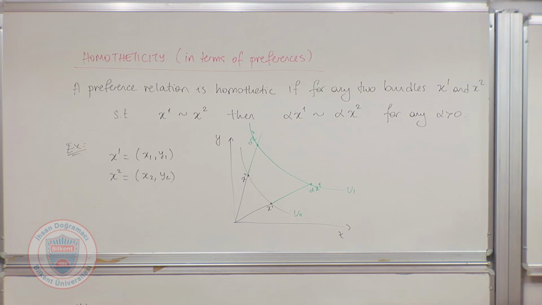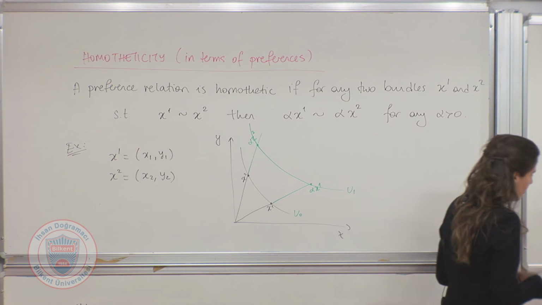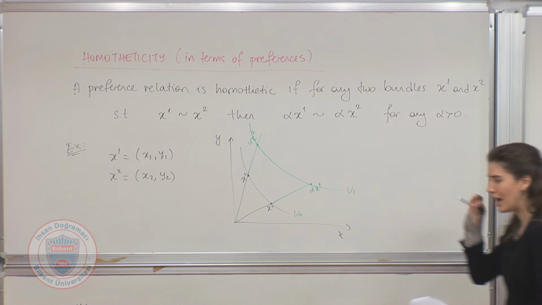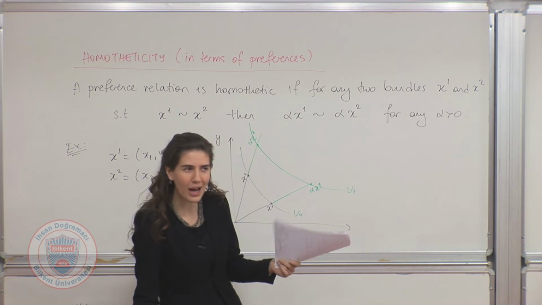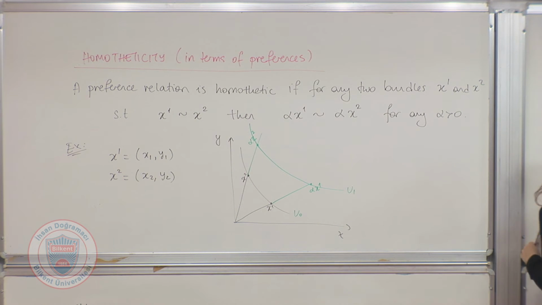And in terms of utility functions, let me write it down also, so that you guys would have the formal proof. But you understood, right? Homotheticity, what does it mean? So this is in terms of preferences, and this is going to be in terms of utility functions.